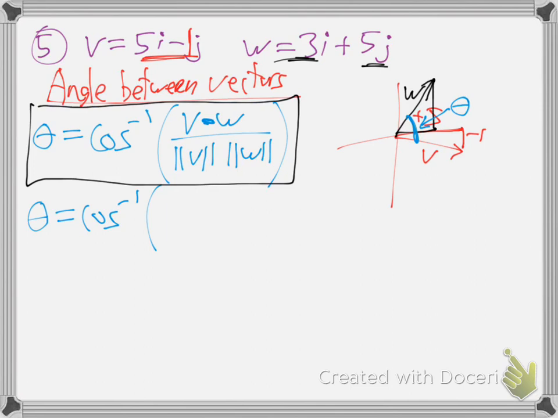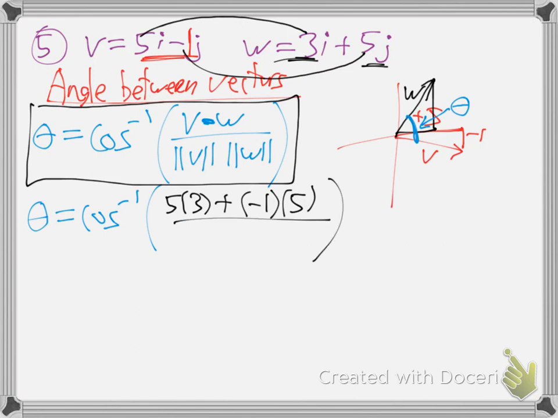The dot product is going to be i times i plus j times j. So it's going to be 5 times 3 plus -1 times 5, over the magnitude of v. Are we good on the top there? With the dot product, just i times i plus j times j, with no more i and j, just numbers.